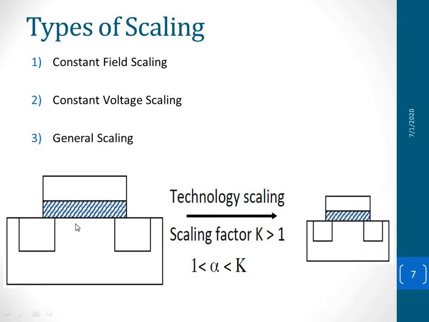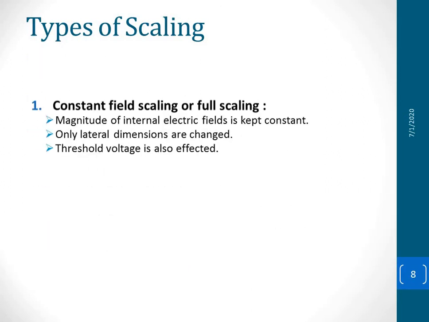After scaling down, it looks like these smaller structures, so that if the size of the transistor is reduced, I can incorporate more transistors on the same die, and the transistor count increases.